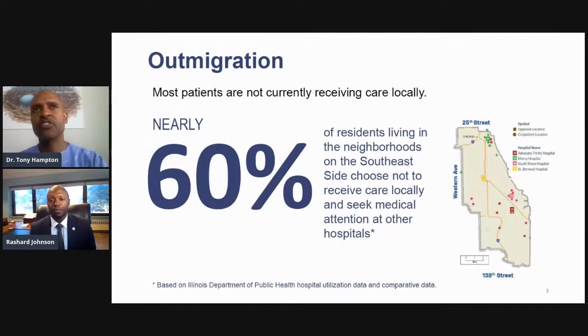And it's very interesting. As you talked about that, I think about where myself and Dr. Rick Bone, who's our Vice President of Population Health for our medical group, and we both trained at West Suburban Hospital in Oak Park. And the irony of that is, I think we turned out okay, in terms of our ability to provide care. The family practice residency at West Suburban is one of the top family practice residencies in the country.